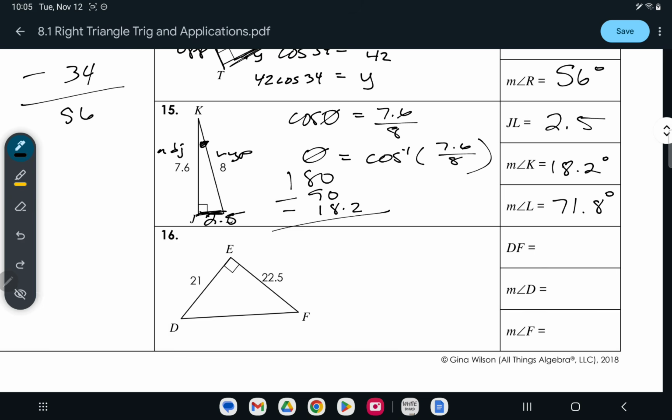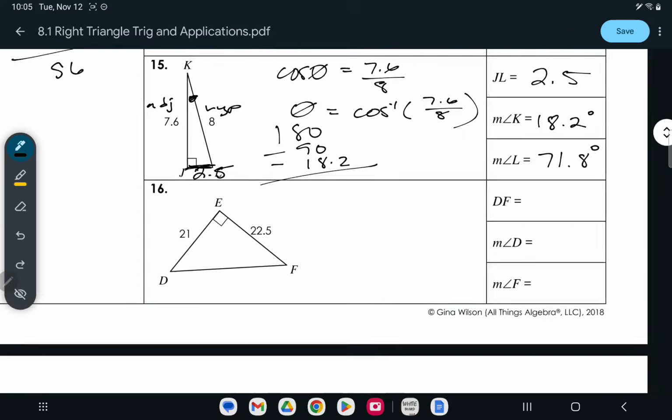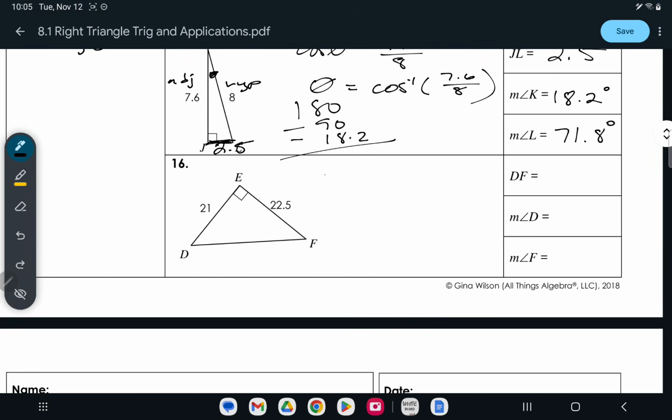Okay. And then we can do the same stuff here. So I would do 21 squared plus 22.5 squared equals something squared. So let's see. 21 times 21 is 441 plus 22.5 times 22.5 gives me a total of 947.25.